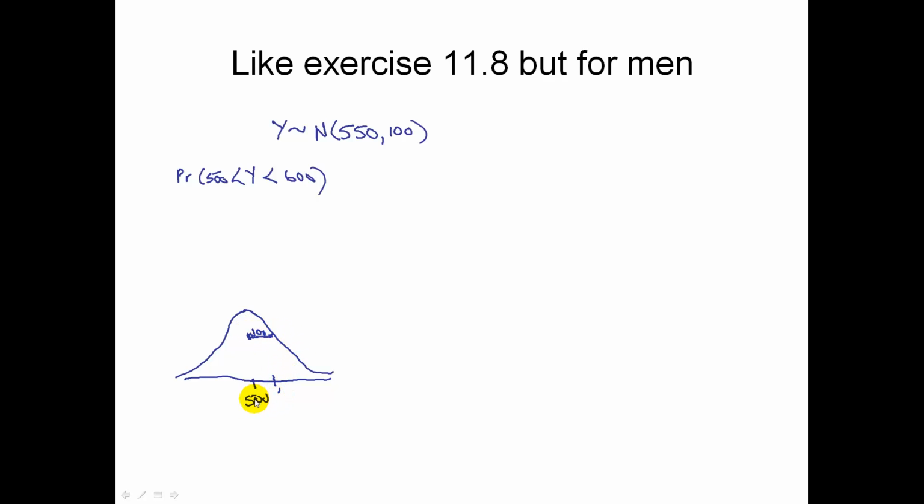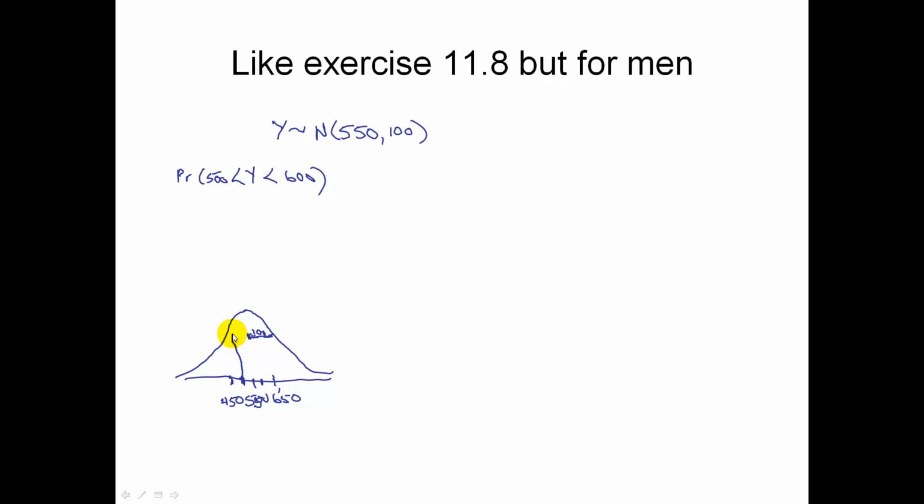So if that's 550, this must be 650. And if we go down one standard deviation to the left, that must be 450. So we're being asked what proportion of men fall between 500, which must be halfway between 550 and 450, and 600.